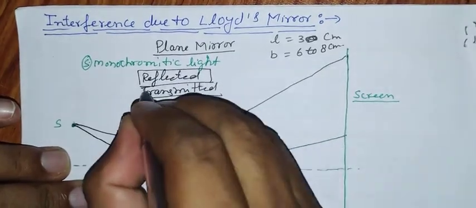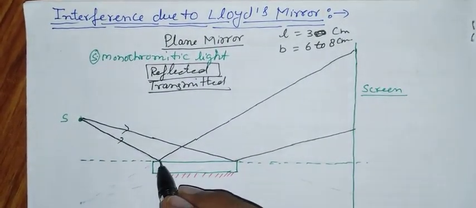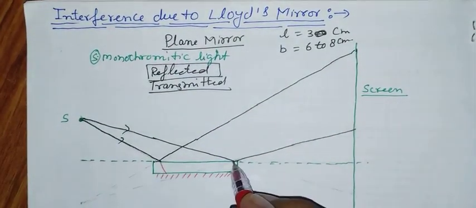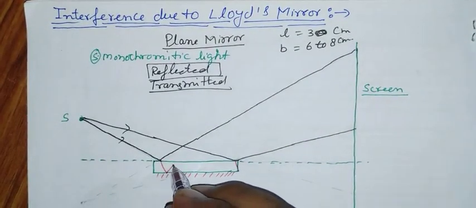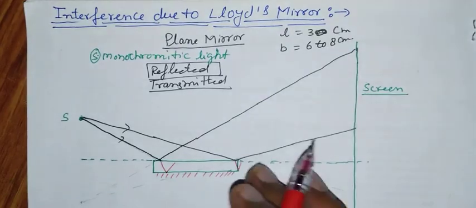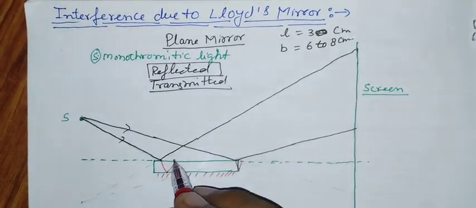Partial reflection, partial transmission from the upper surface: some is transmitted, and from the inside of this it is again reflected back. Suppose it is reflected here and then again transmitted.